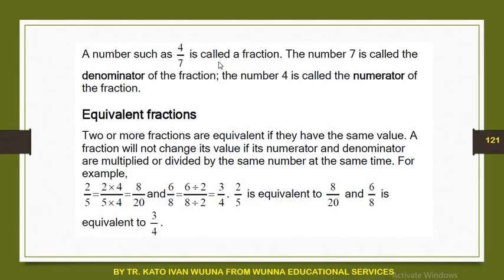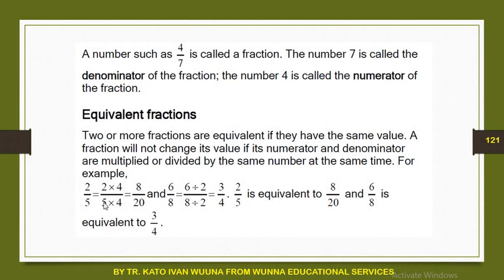But this is where it is interesting. We have seen that 2 or more fractions are said to be equivalent if they have the same value. That is to say, if a fraction is multiplied or divided by the same number, then it will not change. For instance, we have 2/5. If we multiply the numerator and denominator of this fraction by the same number, let's say 4, we shall multiply 2 by 4 to get 8.